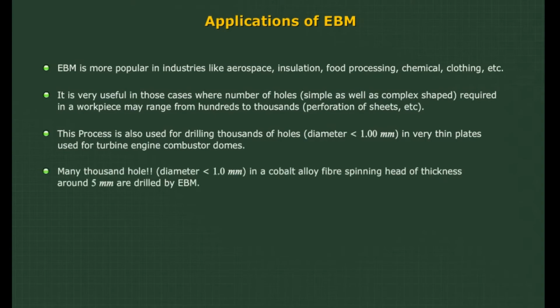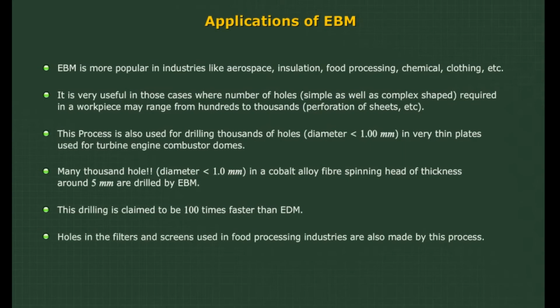Many thousand holes, diameter less than 1.0 mm, in a cobalt alloy fiber spinning head of thickness around 5 mm are drilled by EBM. This drilling is claimed to be 100 times faster than EDM. Holes in the filters and screens used in the food processing industries are also made by this process.